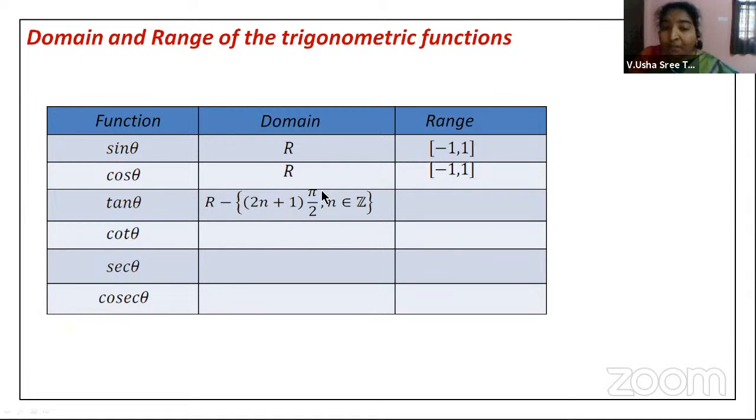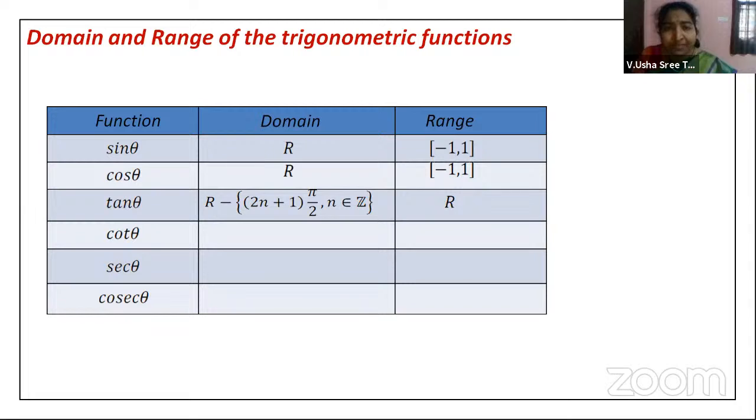So any odd multiple of 90 degrees, whether it is a negative angle or a positive one, you are getting an undefined value, right? So if you remove all those undefined values from the real number set, then you can define the domain of this function. So the domain of the tan function will be R minus (2n plus 1) pi by 2, where n belongs to integers.